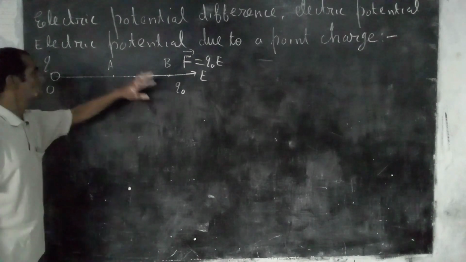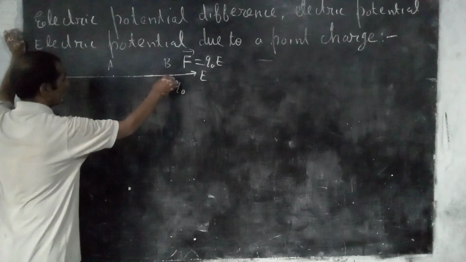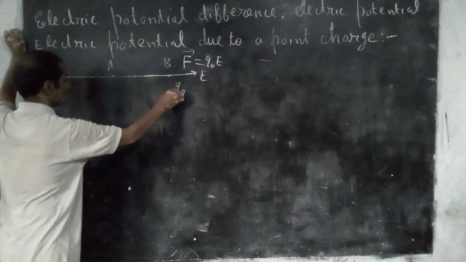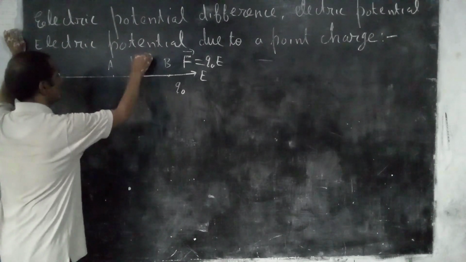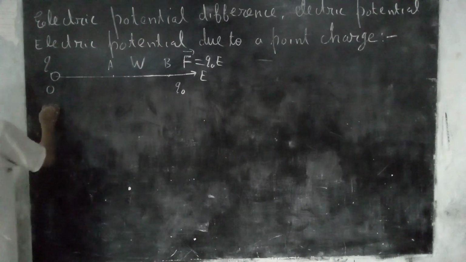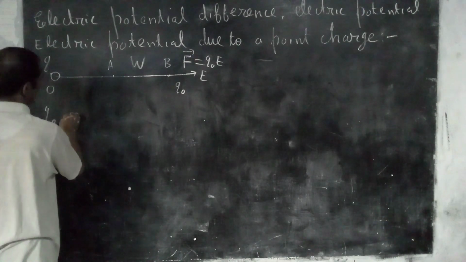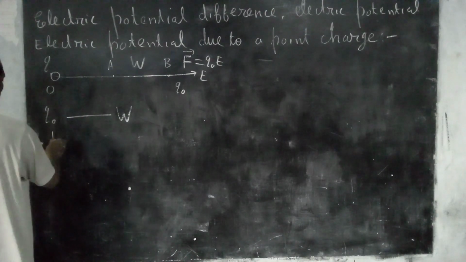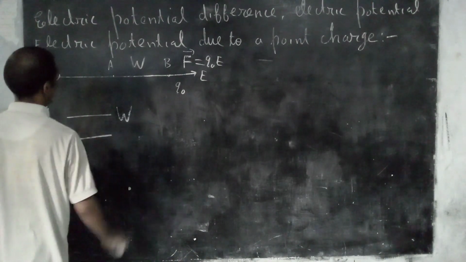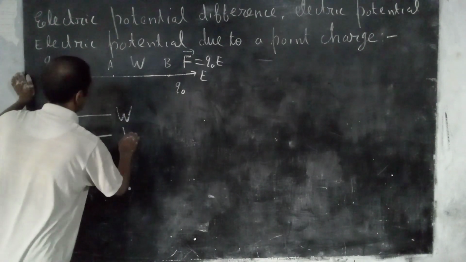So let the amount of work done by you in bringing charge Q0 from B to A be W. Then the work done in bringing the unit positive charge, one coulomb, from B to A is W by Q0.